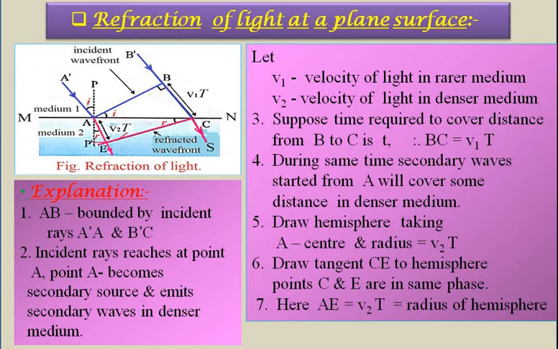Here points C and E are in the same phase. Here AE is equal to V2 into t, that is the radius of the hemisphere.